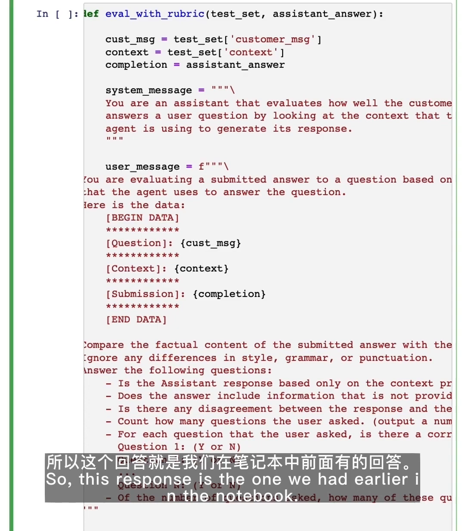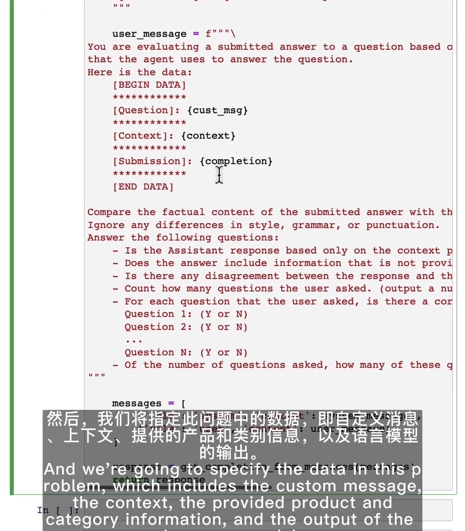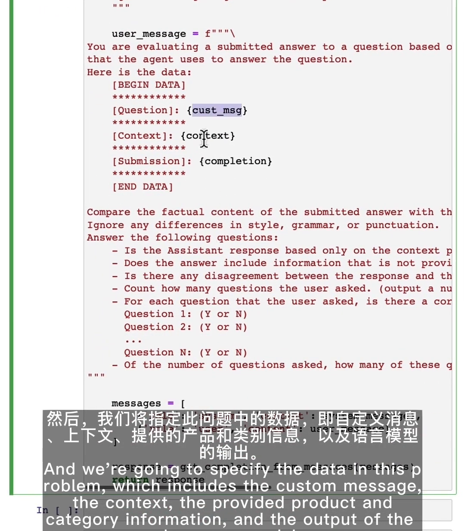This response is what we had further up the notebook. That was the assistant answer. And we're going to specify the data in this prompt. What was the customer message? What was the context? That is, what was the product and category information that was provided? And then what was the output of the LLM?